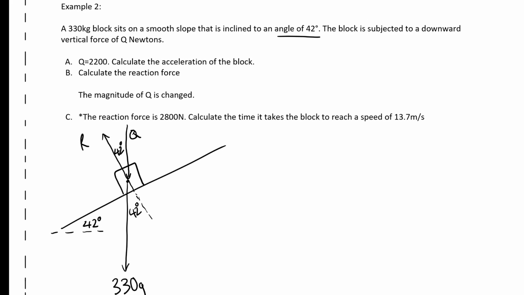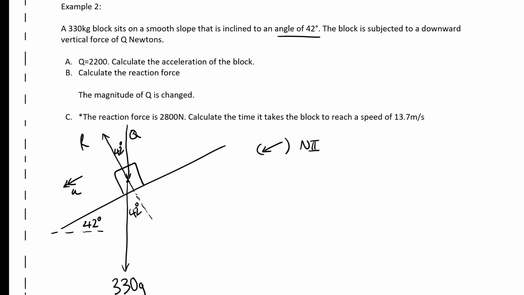And this block accelerates. In part A it says calculate the acceleration. We'll assume acceleration is down the slope. If we're wrong, it won't be a problem. We'll just get a negative value. So we can resolve forces along the slope, so parallel to it and acting down to follow acceleration, and apply Newton's second law.